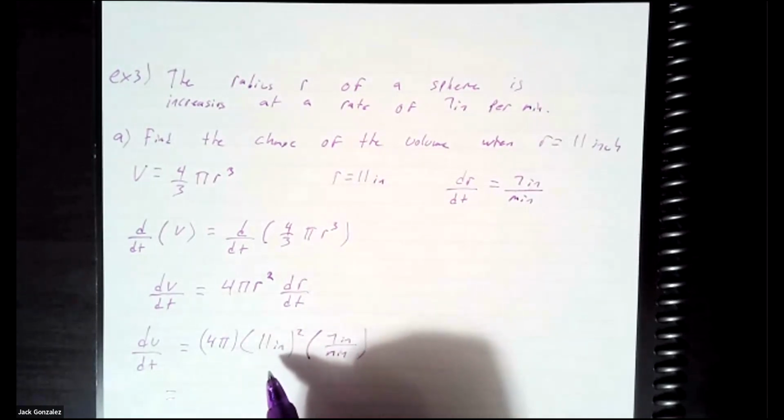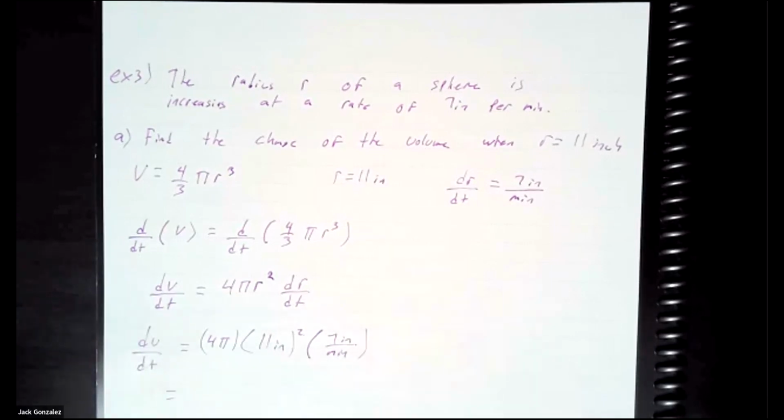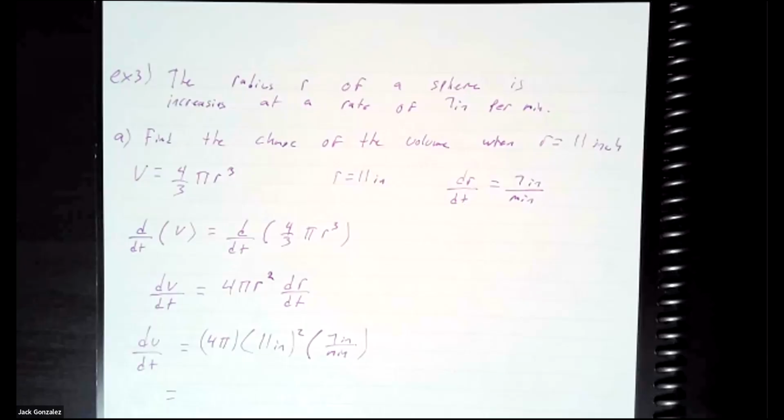So this is gonna be, I don't know what that is. I think it's 132, right? 11 squared? Or the entire thing? I'm pretty sure 11 squared is 132. It's that or 123. Pretty sure it's 132.